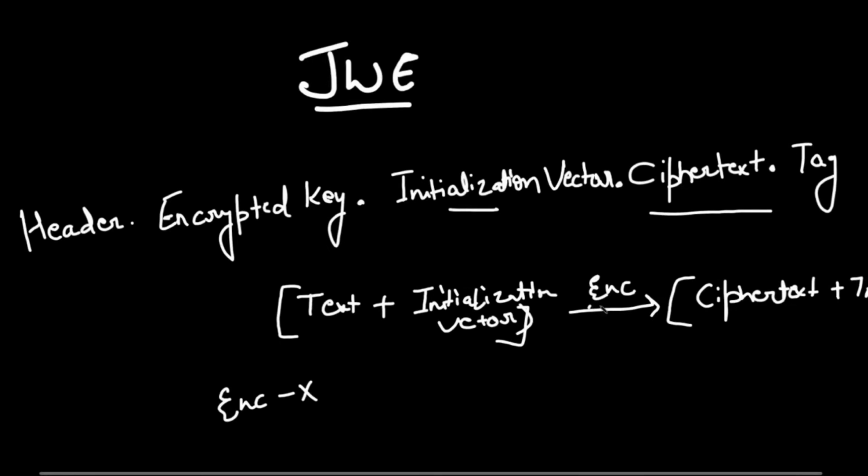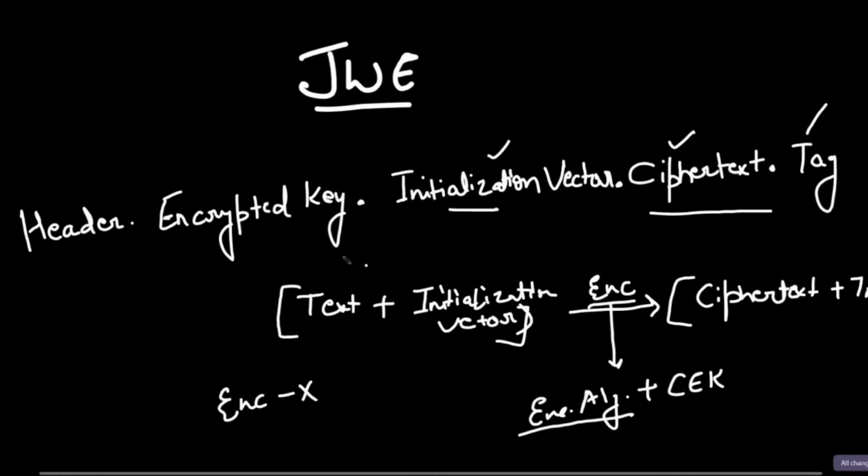Now for this encryption algorithm, you need 2 things. One is obviously the algorithm, right? The encryption algorithm plus an encryption key, which is known as the content encryption key. Now we have utilized these 3 things, rather, right? And this content encryption key is this one, and the header, as we know, contains the metadata about the whole payload that we are sending here, right?